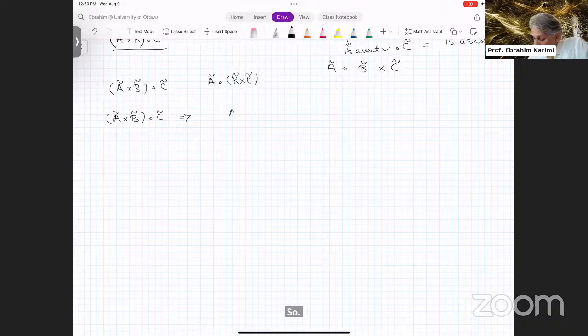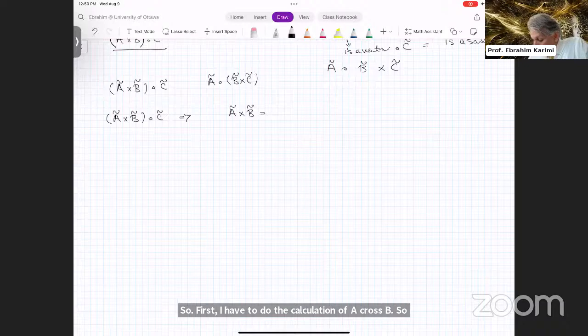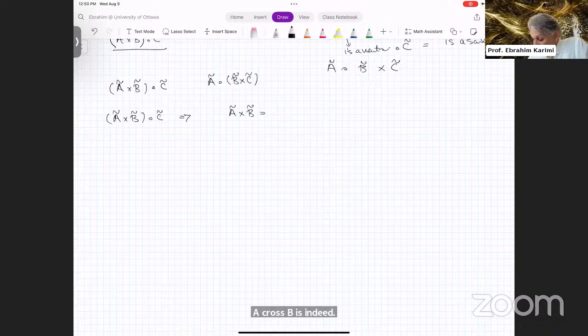First, I have to do the calculation of A cross B. So A cross B is indeed, we have done the calculation. I want to expand it in a proper way.